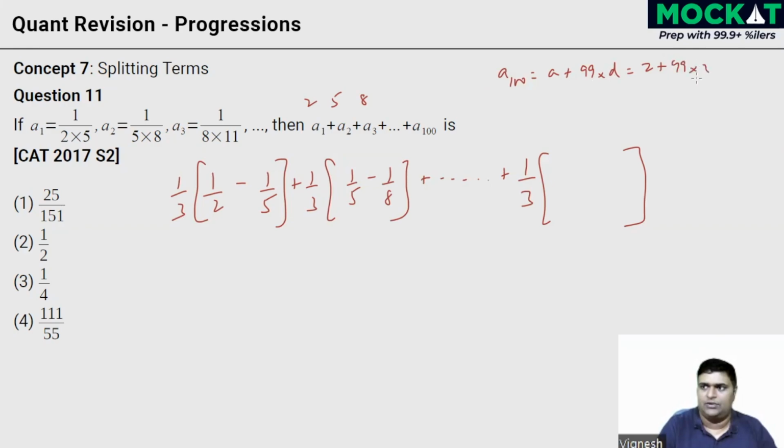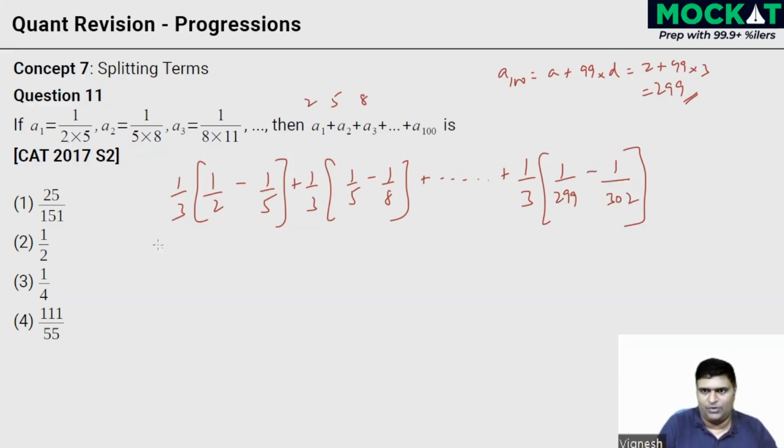So 99 into 3 is 297 plus 2, 299. 2 was my first term in A1, 5 in A2, 8 in A3. In A100, 299 will be in the first term's denominator. So 1 by 299 minus 1 by 299 plus 3, which is 302.